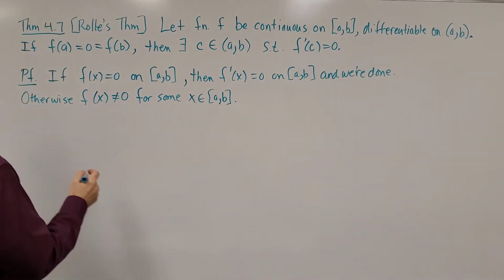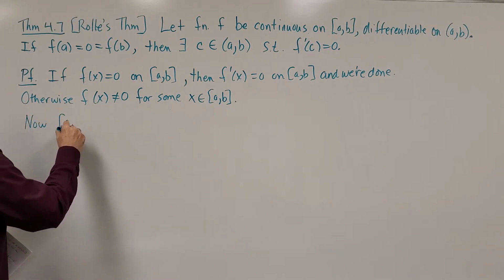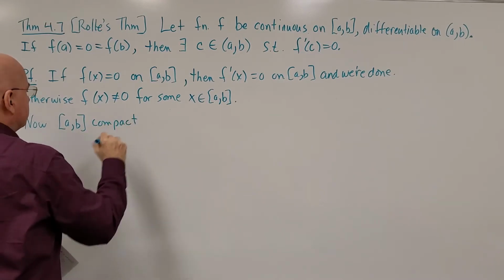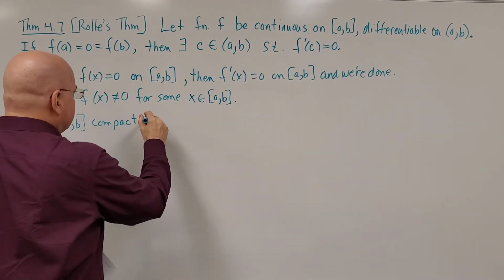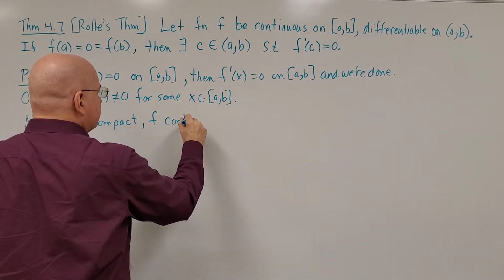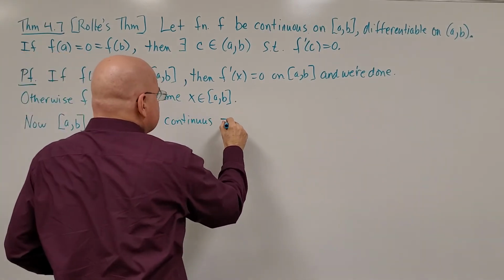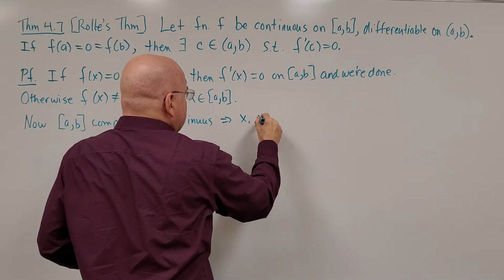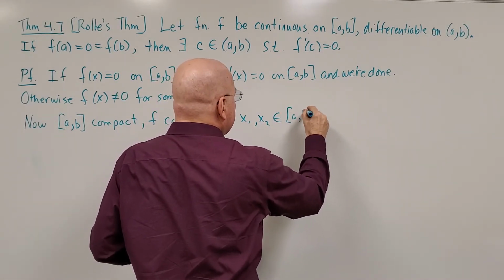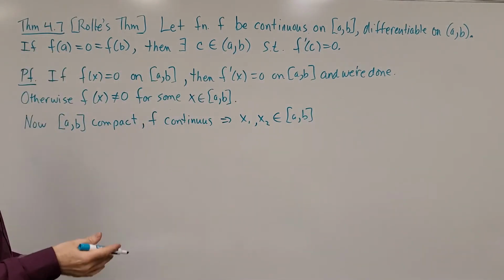Okay, well, now the domain being compact, and I'll go ahead and write it here, f continuous. That implies that there is an x1 and an x2 somewhere in the closed bounded interval [a, b], in the domain, where the function f attains its minimum and maximum.